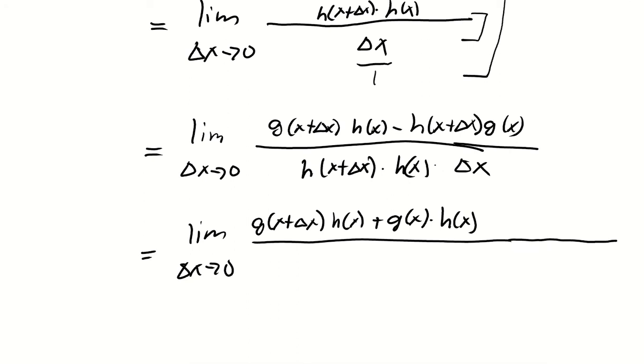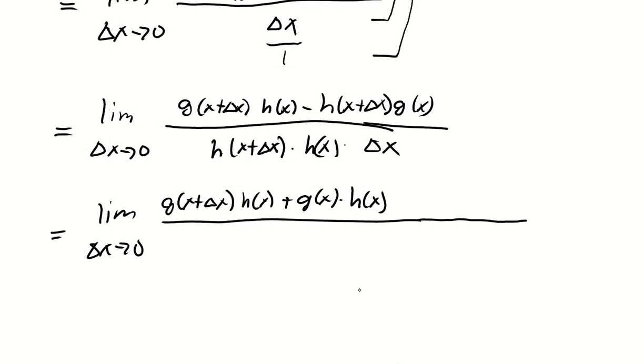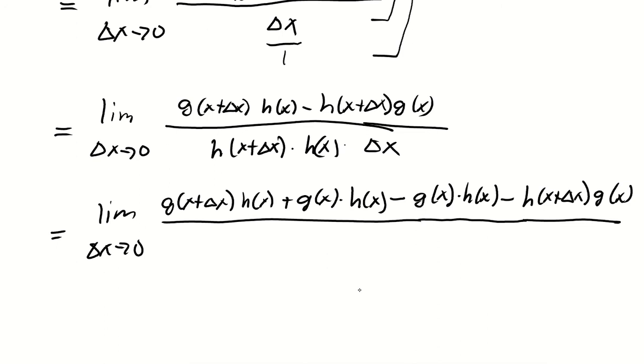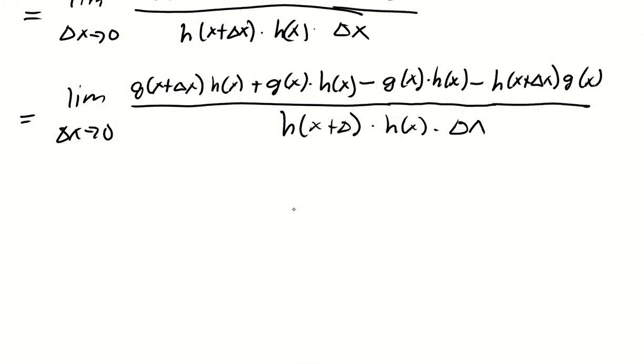So we add g of x times h of x. So we did change the equation, but to neutralize this one, we need to subtract it again, g of x times h of x. Then we subtract the last part, h of x plus delta x times g of x. Then all over the denominator, h of x plus delta x times h of x times delta x. Then we group them again.